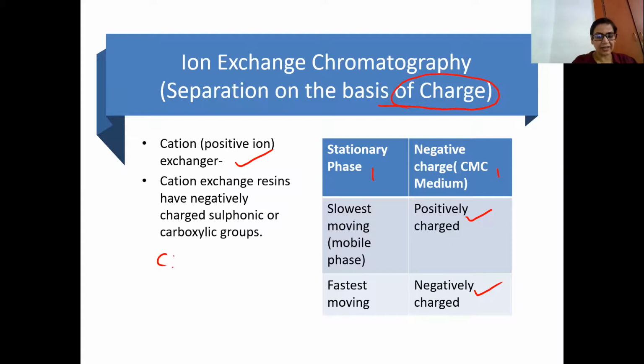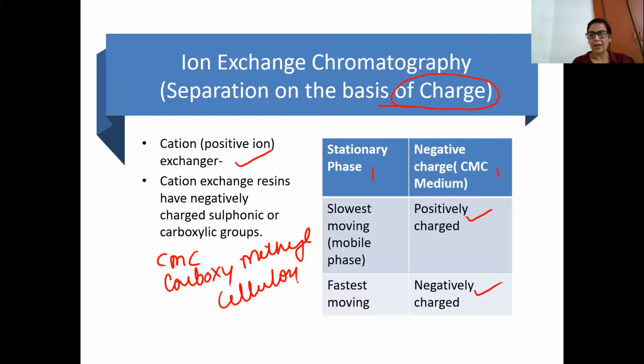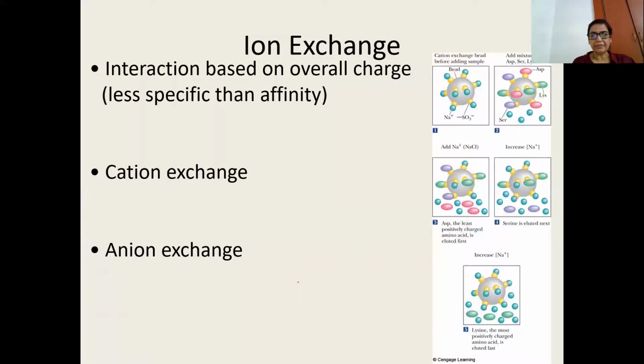This is an example of a cation exchanger, carboxymethyl cellulose. Then one is cation exchanger, the other is anion exchanger, and the example of an anion exchanger is DEAE, diethyl amino ethyl cellulose.